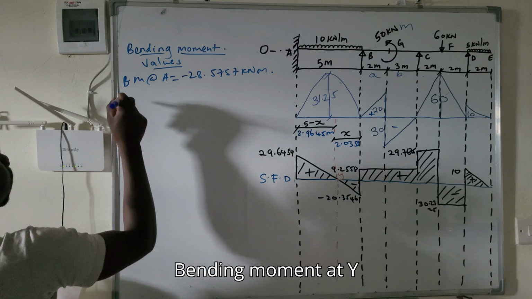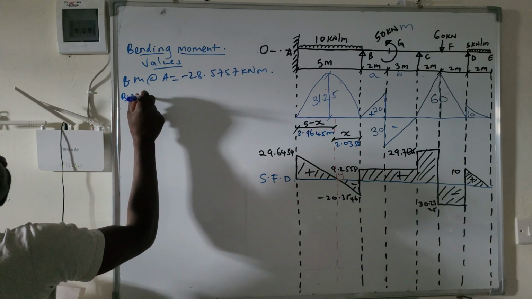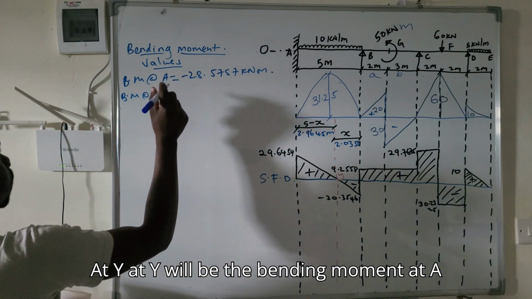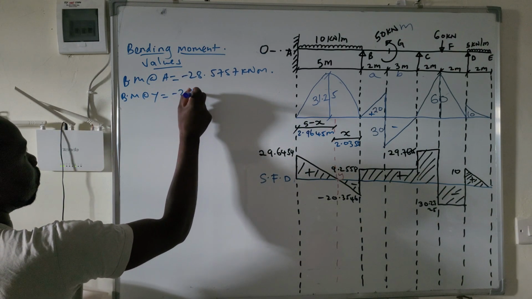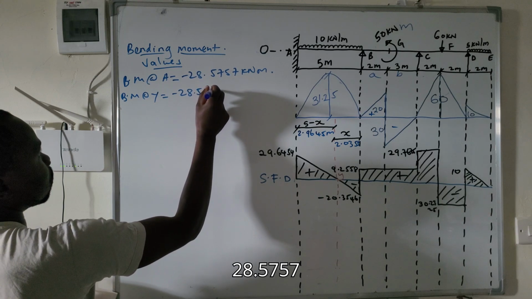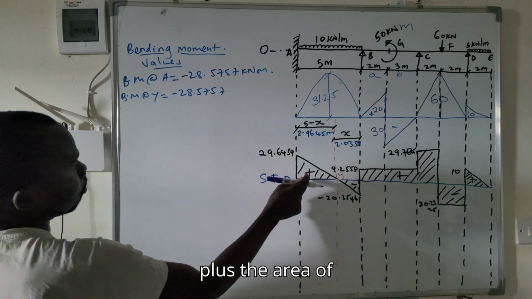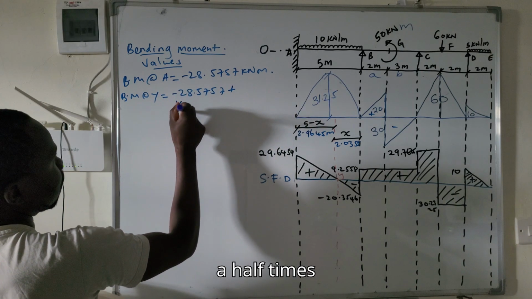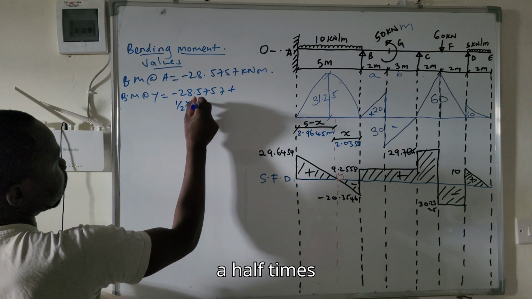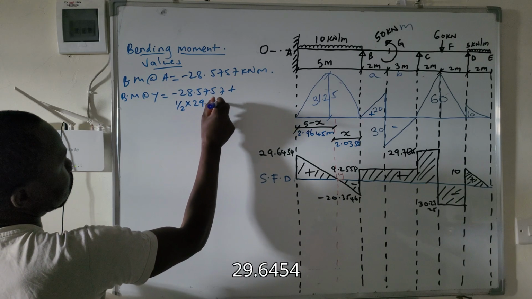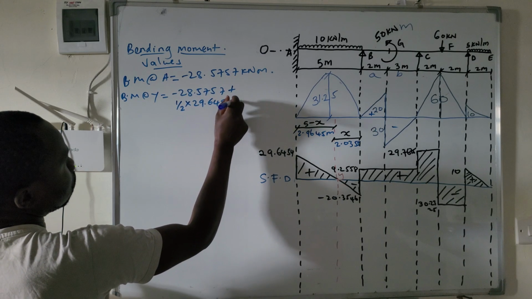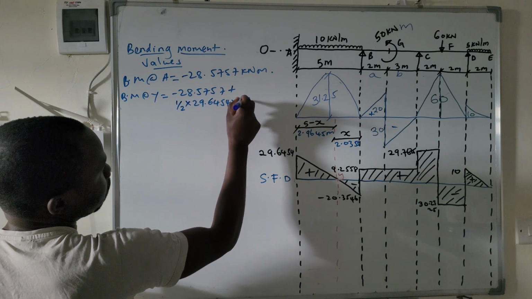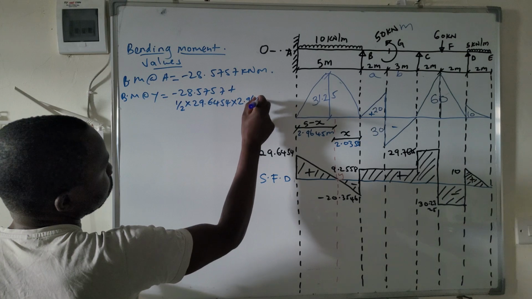Bending moment at Y will be the bending moment at A, which is negative 28.5757, plus the area of this, plus a half times 29.6454 times base, which is 2.9645.